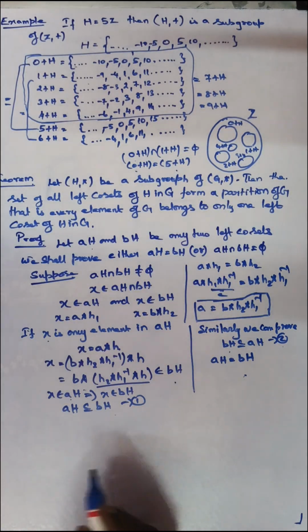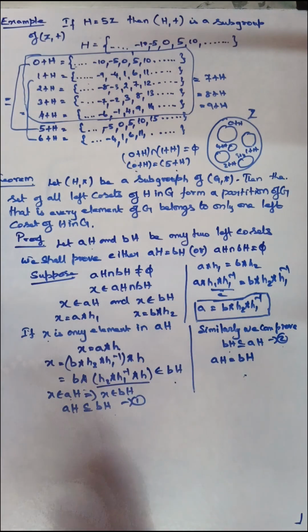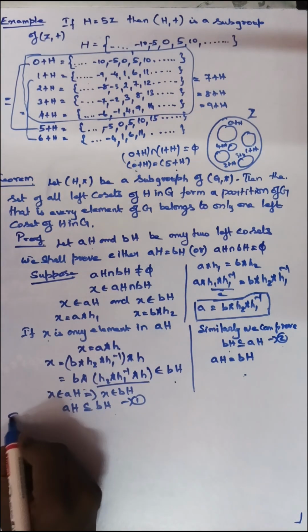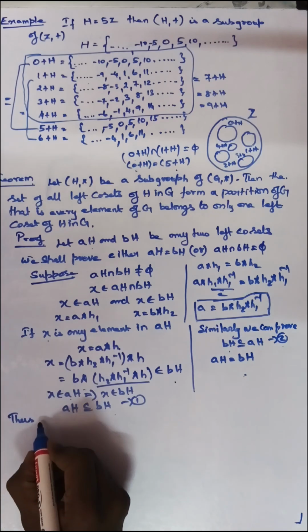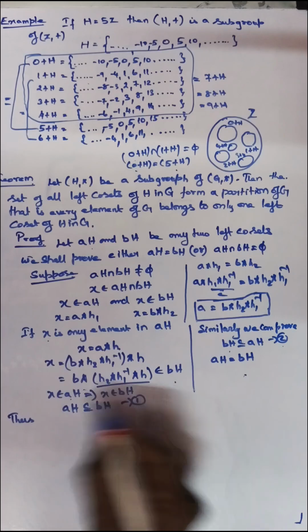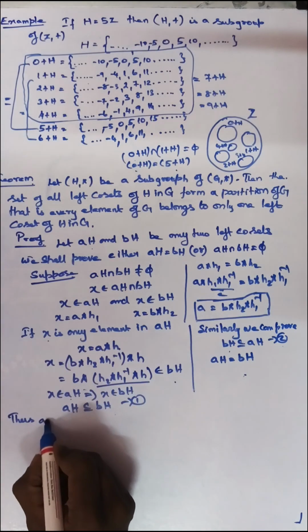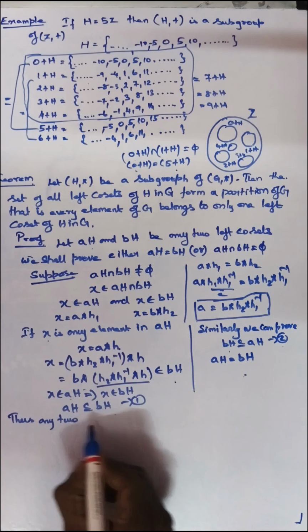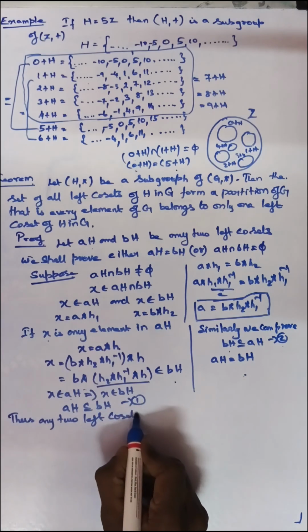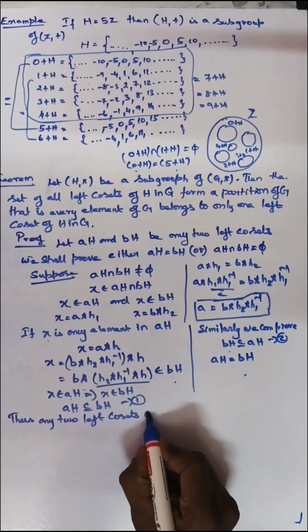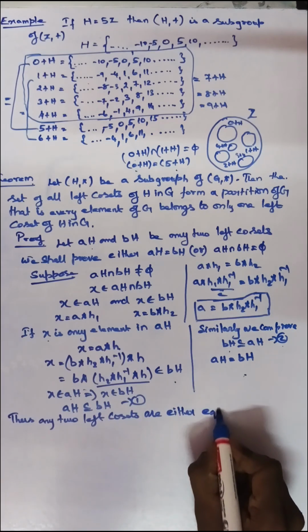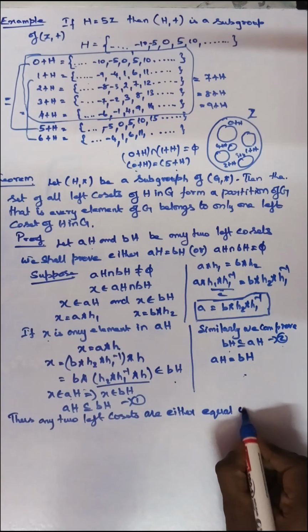Now we go for the extension into the general form. From this we can conclude that any two left cosets are either equal or disjoint.